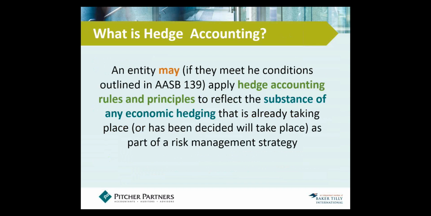So it says that an entity may, if they meet the conditions outlined in AASB 139, apply hedge accounting rules and principles to reflect the substance of this economic hedge that is already taking place. So the fact that you've got an economic hedge does not automatically entitle you to the benefits provided by hedge accounting.